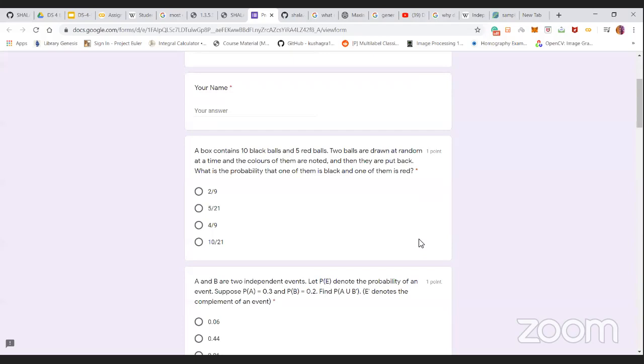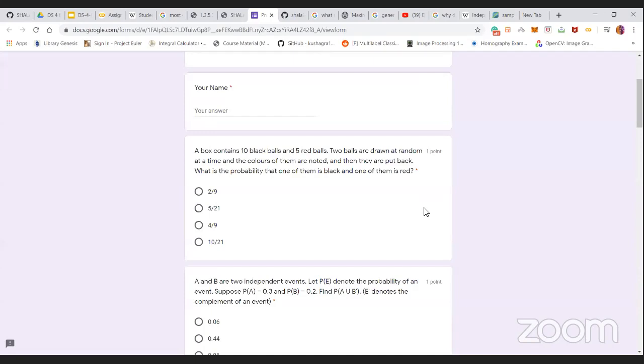Okay, so Amit sir, I have one doubt regarding this first question. Here it says two balls are drawn at random at a time. So shouldn't we not consider the order of black and red or red and black, as two balls are being drawn at a time?